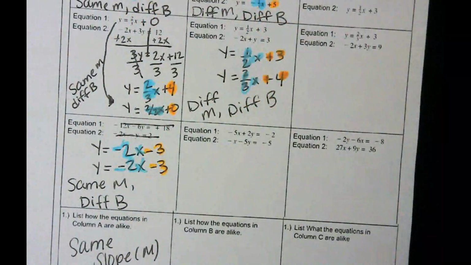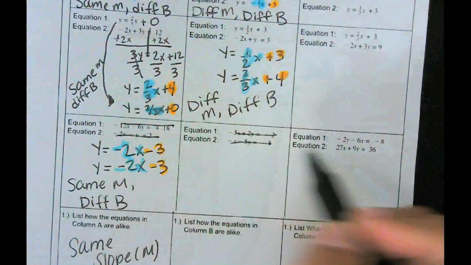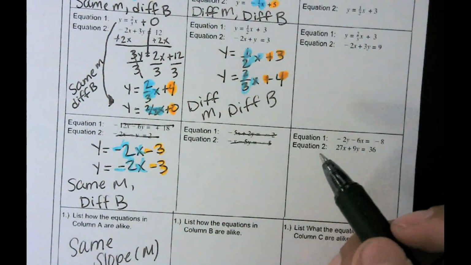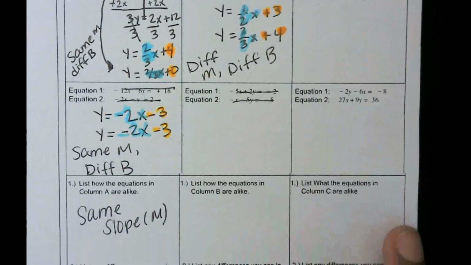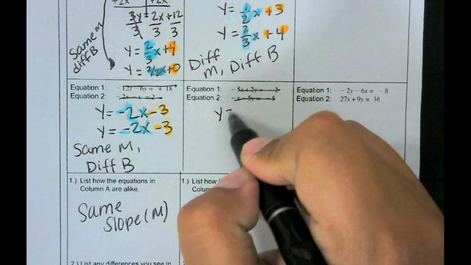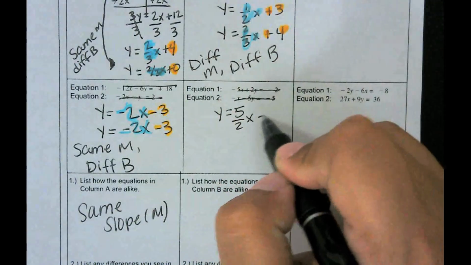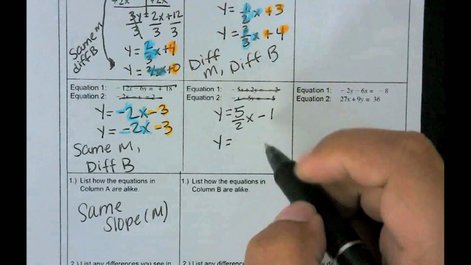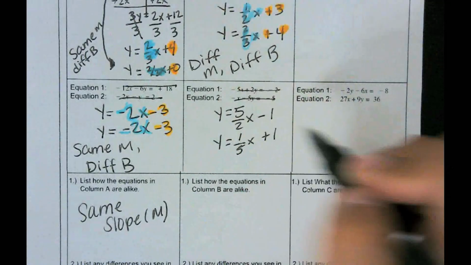Okay, if I go through these ones, this next column down at the bottom, guys, the equations again, just for the sake of time, for you guys to be able to get your notes done. You're comparing y equals 5 over 2x minus 1 and y equals 1.